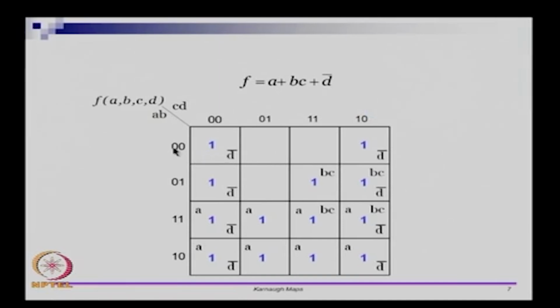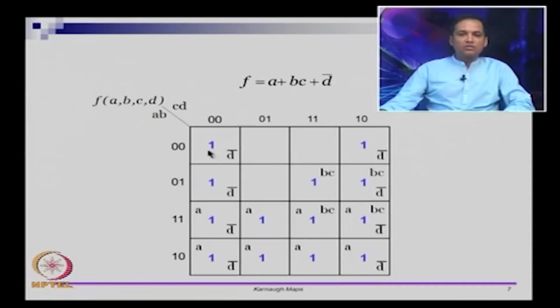So in this cell, for example, A is 0, so this is 0, B and C are both 0, so this term is also 0. However, if D is 0, this cell should get a 1. So this is having only the information that D bar should be 1 for this cell to become 1, and in this specific case D bar is actually 1. So wherever we have some entry, we make all of them 1s.